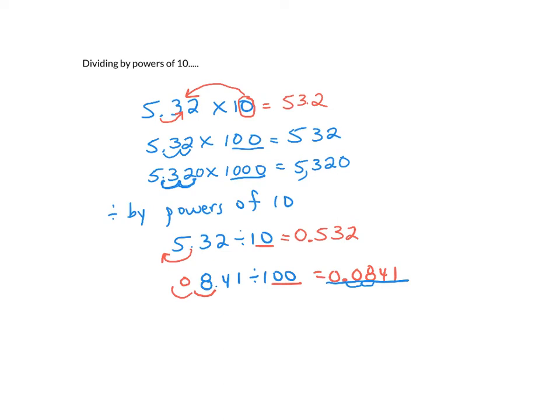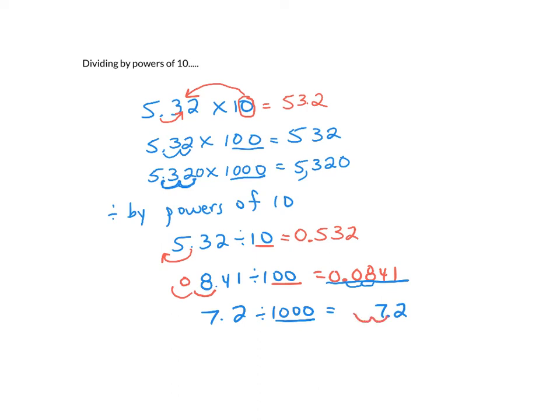Let's just do one more. If you were given the problem 7.2 divided by 1,000, I have to move that decimal point 3 spots to the left because there are 3 zeros here. So in order to do that, I have the decimal point right now between the 7 and the 2. I need to move it 3 spots to the left. That's 1.